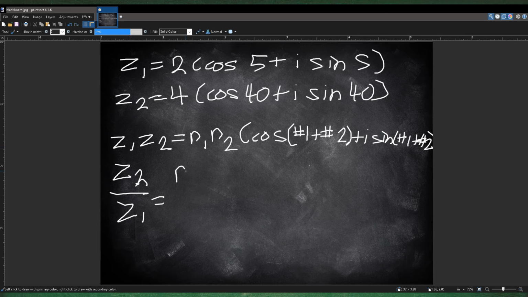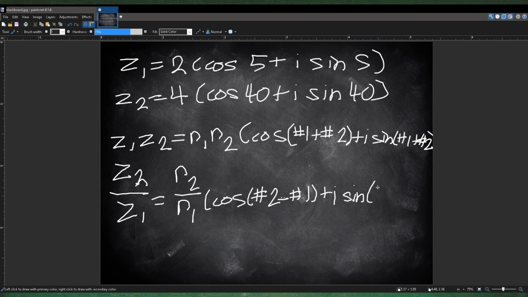This would be the magnitude of the second one divided by the magnitude of the first one, times cosine of the second angle minus the first angle, plus i sine of the same angle, angle 2 minus angle 1.